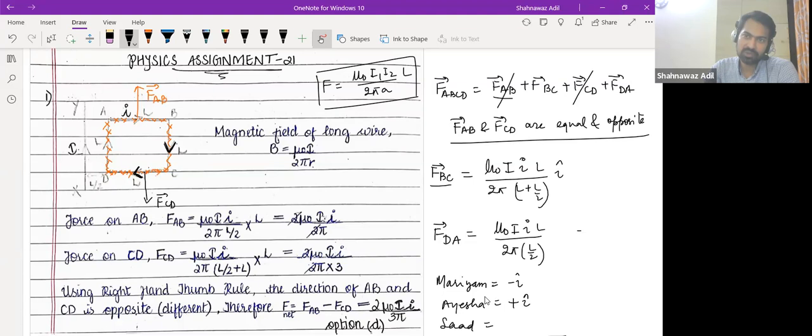Aisha, what did you use? Right hand thumb rule or IJK method? Right hand thumb rule. So your fingertips in upward direction and your palm in the inward direction. So when you curl your finger, what will be the direction that you get? Plus I or something else?